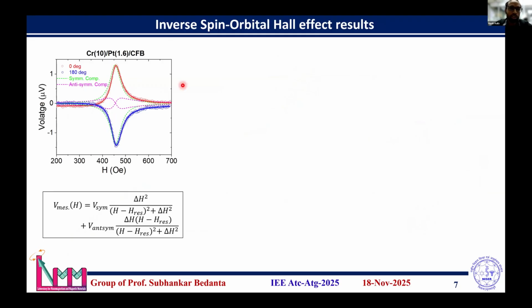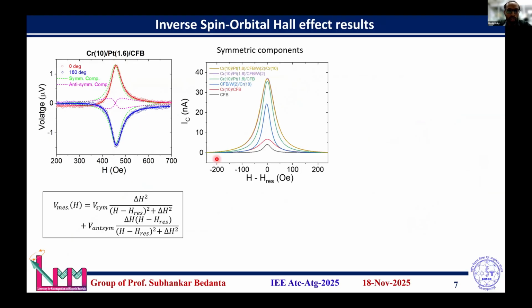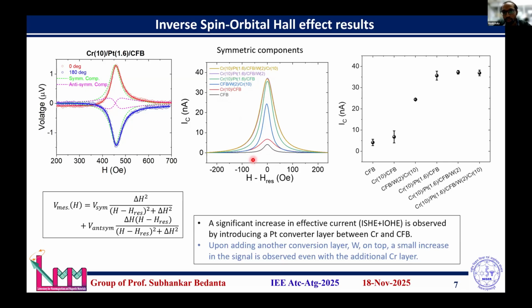So now coming to the inverse spin Hall effect measurement results. These are the typical ISHE measurements which were performed, and the symmetric and anti-symmetric components are extracted by fitting. We plotted the symmetric component for the different sample structures and found a systematic variation: the current increases systematically because of the spin and orbital current induced effect.